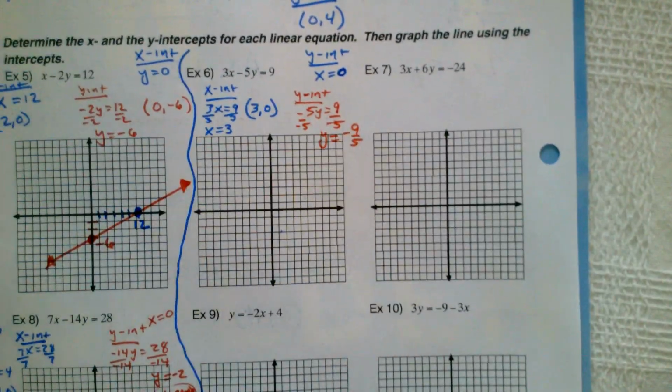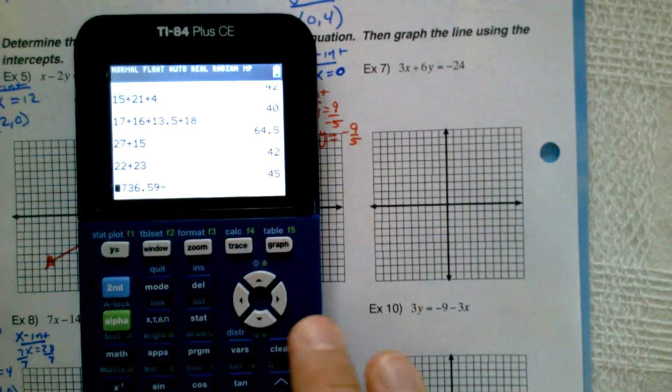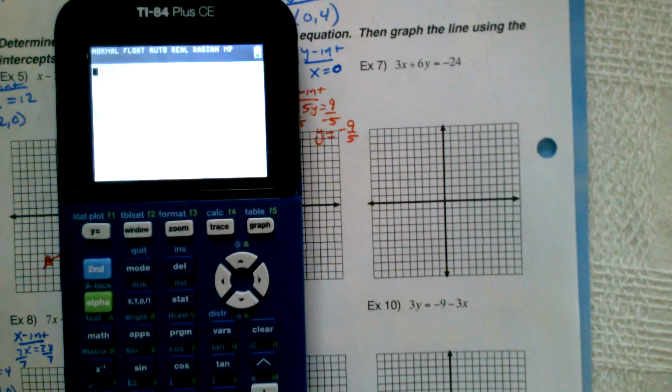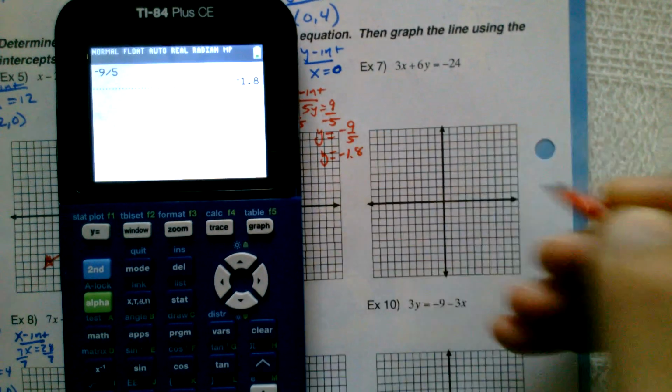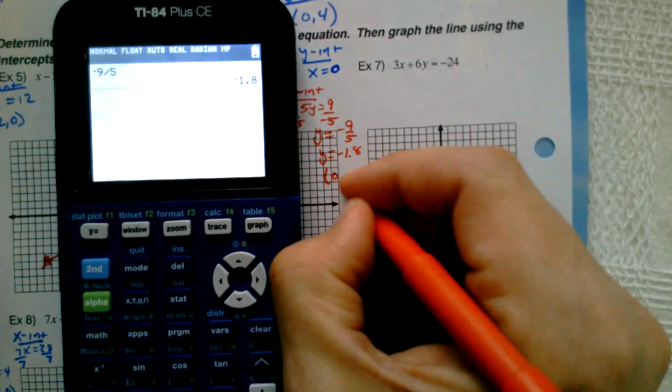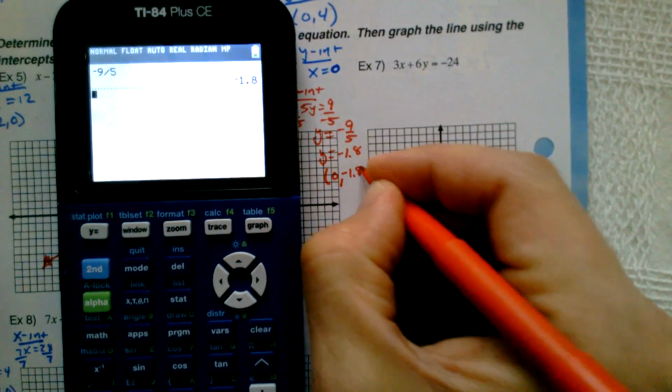If I'm trying to graph that point, I'd want to know what that is. And that's where you just grab your calc. Okay? So you can just type that in, negative 9 divided by 5. You know, for me, I need to see the decimal, so I understand where to put that point. And I get y equals negative 1.8. So if I'm going to write that as a coordinate point, that's 0, negative 1.8.